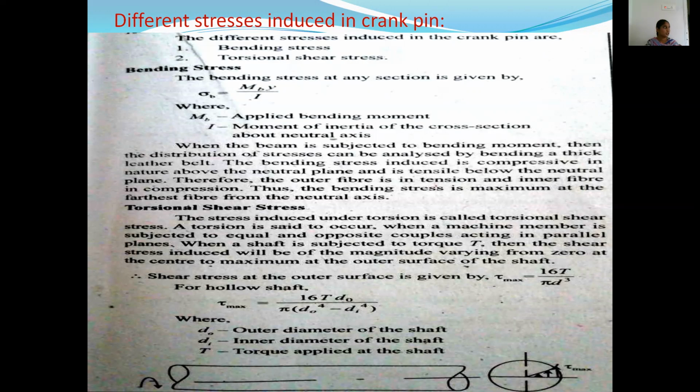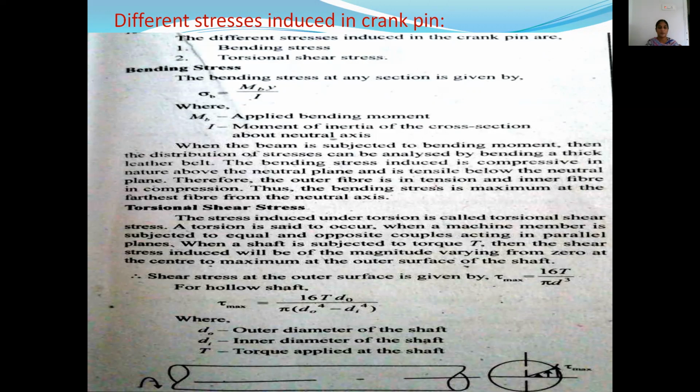Next, torsional shear stress. The stress induced under torsion is called torsional shear stress. A torsion is said to occur when a machine member is subjected to equal and opposite couples acting in parallel planes. When a shaft is subjected to torque T, the shear stress induced varies from 0 at the center to maximum at the outer surface of the shaft.